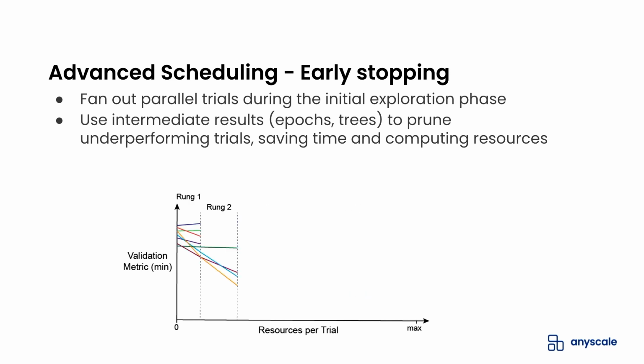So as you can see, at first we launched a lot of trials, but at some intermediate point, we check their results, and we stop the underperforming ones, and we only allow the top performing ones to proceed. In this way, we can save resources and reallocate them to more promising trials or to search the search space more.